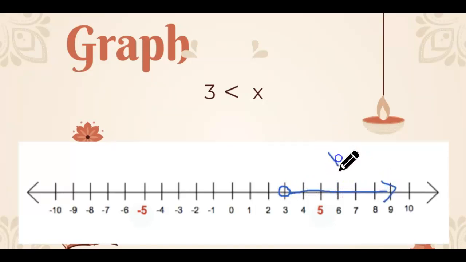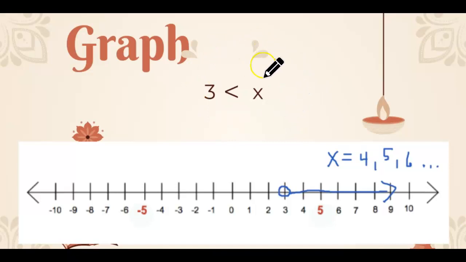So 3 is less than all the x's over here. Therefore our possible solutions are going to be 4, 5, 6, 7, 8, 9, 10, 11, 12, 1,000, 1 million. Let's check. Is 3 less than 4? Yes. Is 3 less than 5? Yes. Is 3 less than 1,000? Yes. So you need to read it properly before you plot it if it's not written in standard form.